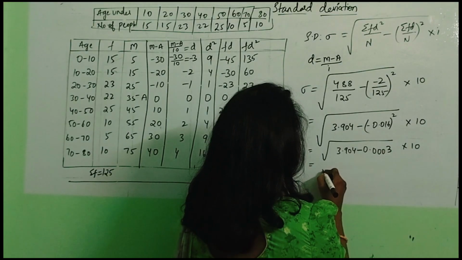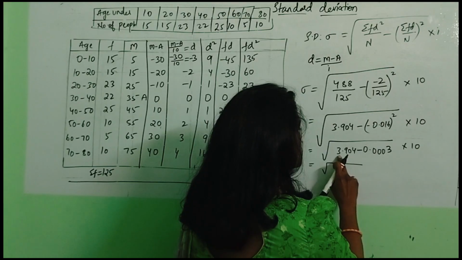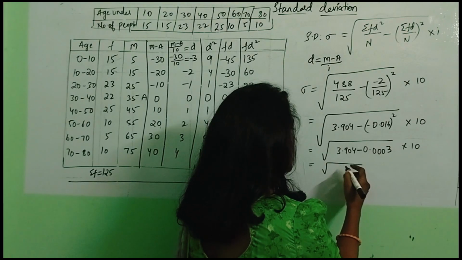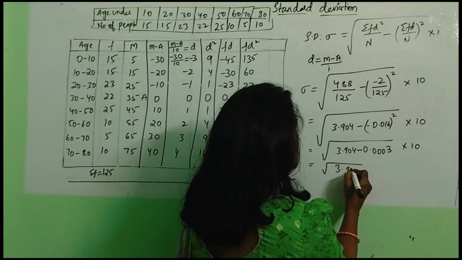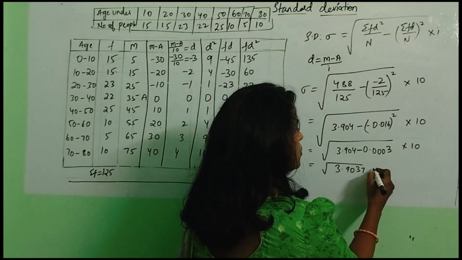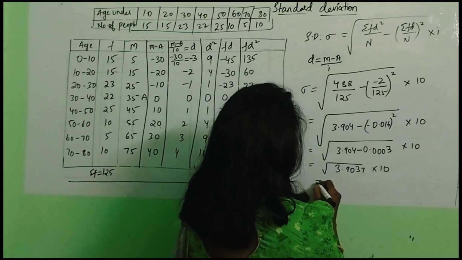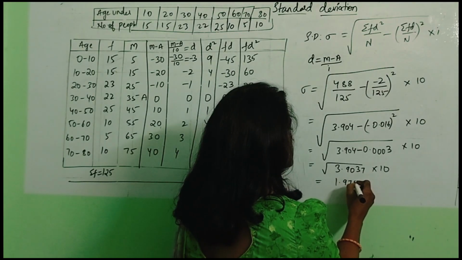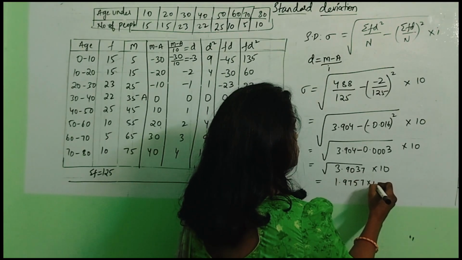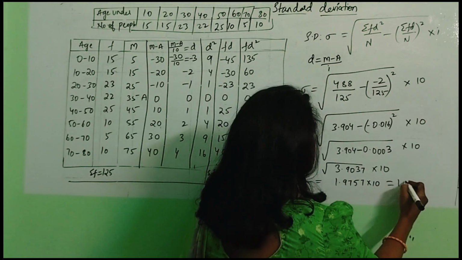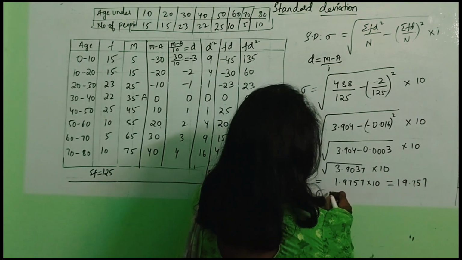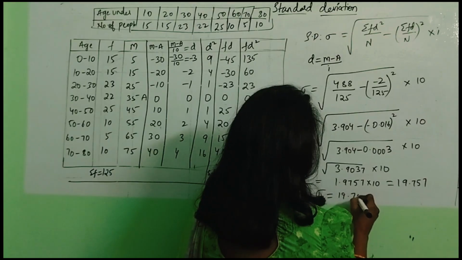So square root of 3.904 minus 0.0003. The value is 3.9037, into 10. So what is the square root of this value? That is 1.9757 into 10. So 19.757 is your standard deviation value.